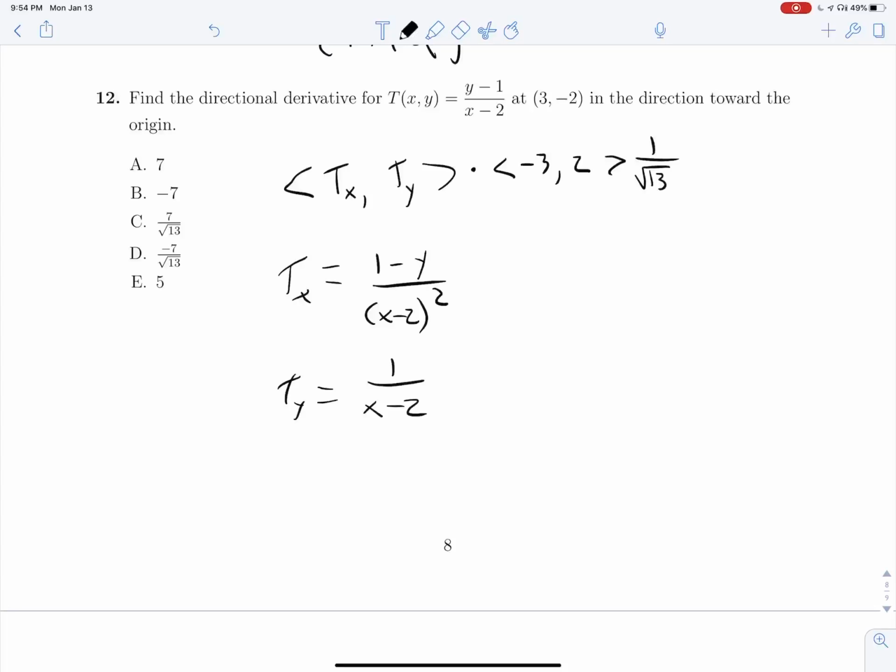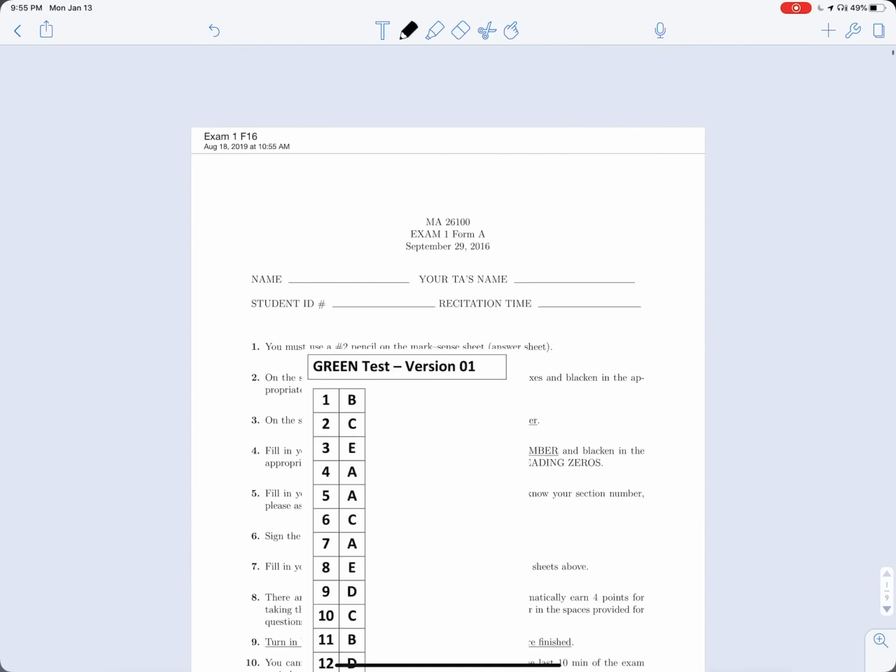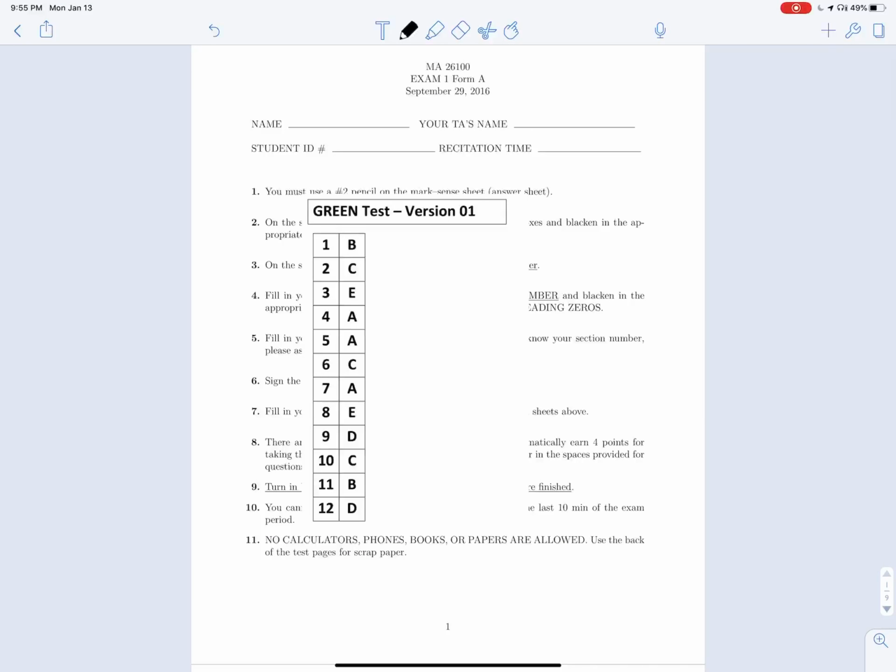And since we know that we're at the point 3 comma negative 2, this is going to give us 3 over 1, and over here we will get 1. So Tx is 3, Ty is 1. We're taking this dot product. We are going to get negative 9 plus 2, so negative 7 over root 13. And that is it for that.